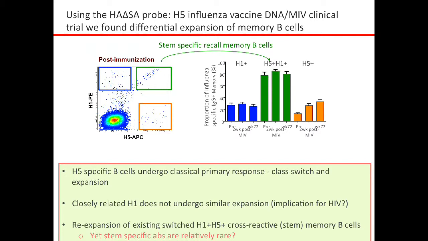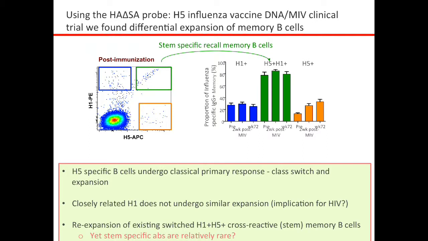There's a population of H5 only specific cells, and these do increase because it's a neoantigen. However, we also find this cross-reactive population, which we found was directed towards the stem. Because H1 and H5 are both part of group 1, this is group 1 specific stem reactivity. And oddly enough, these don't really change in frequency either.